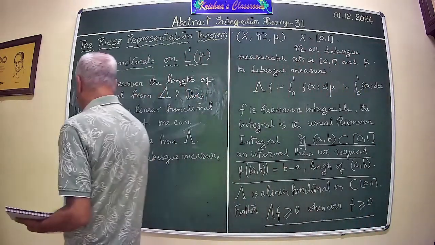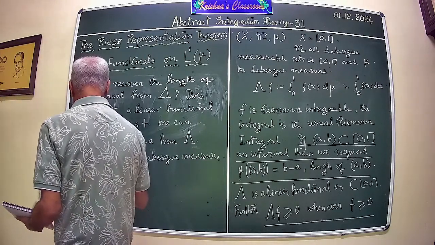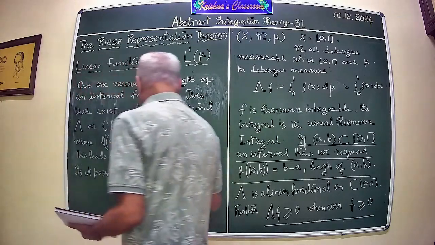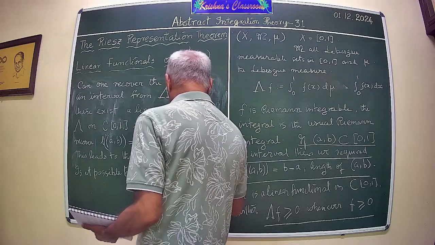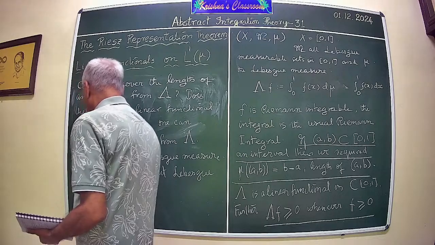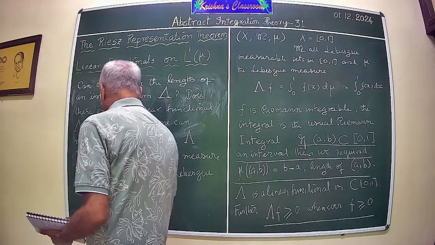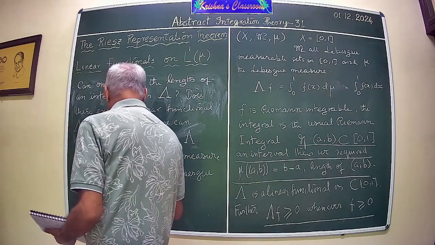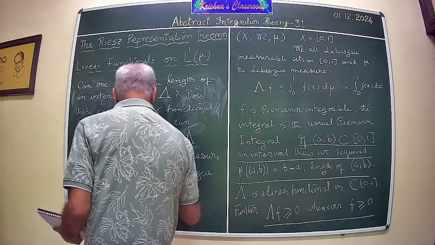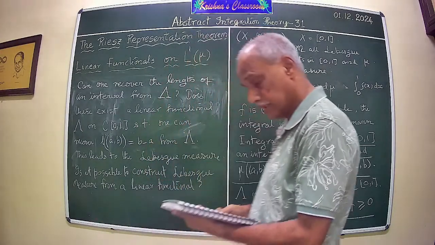Is it possible to construct Lebesgue measure from a linear functional? This is the question that we are asking.